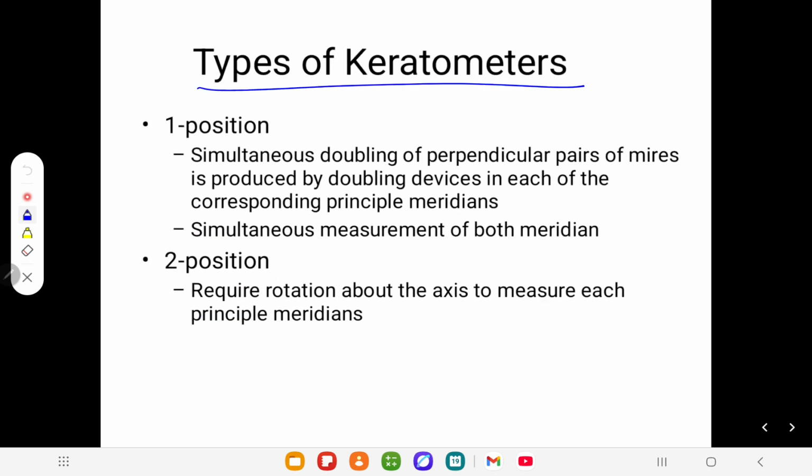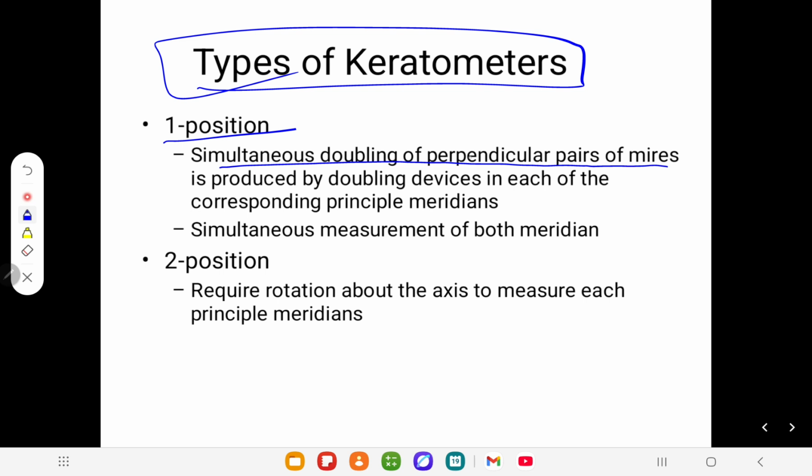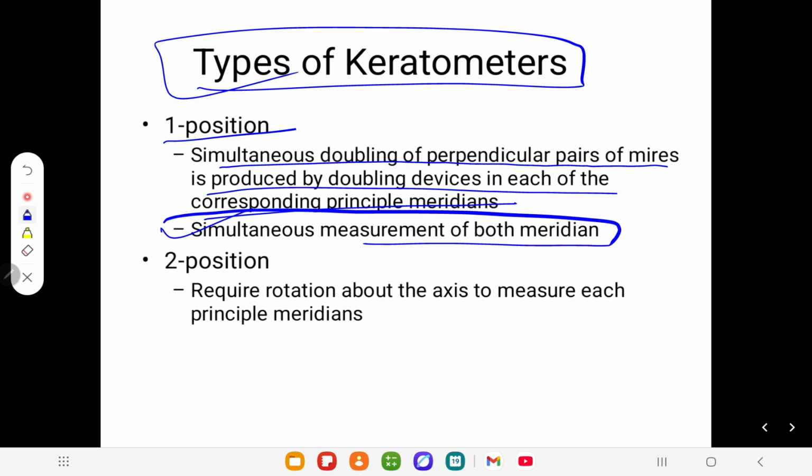And sometimes you see one position keratometry and two position keratometry. It's very simple. Okay, one position keratometry means you can measure both meridians directly without changing the position. Simultaneous doubling: a perpendicular pair of Mires produces a doubling device in each corresponding principal meridian and simultaneous measurement in both meridians. So basically you can measure both meridians simultaneously.